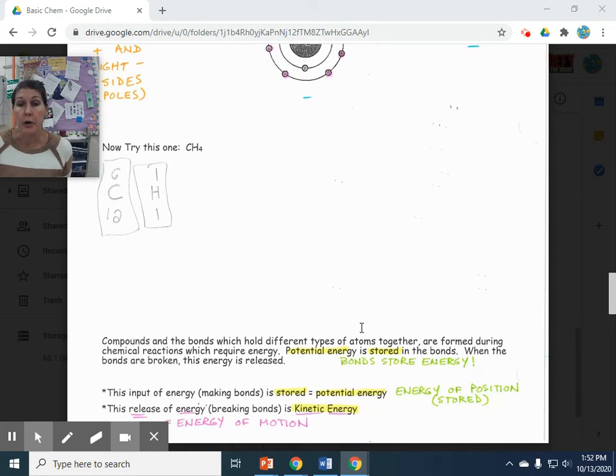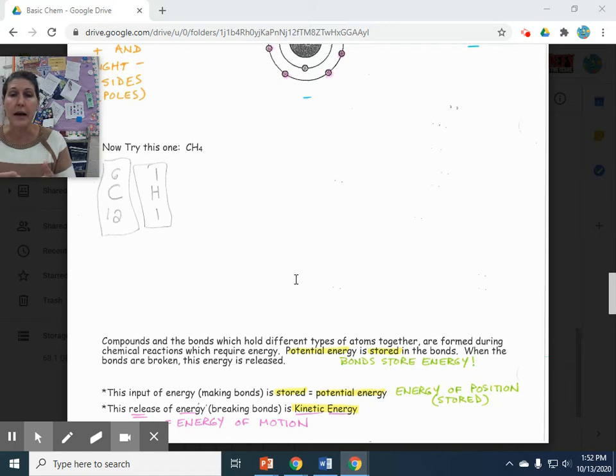Things that you guys should know about bonds. We talked about this with anabolic and catabolic reactions. When you create a bond, energy is stored in there. Think about anabolic reactions, think about photosynthesis. Plants are taking carbon dioxide, water, and some sunlight. They're creating bonds and making glucose, and that glucose is made into maltose, and that maltose is made into a very large polysaccharide.